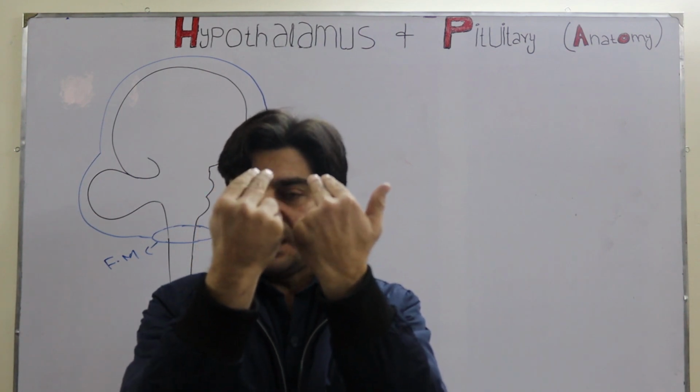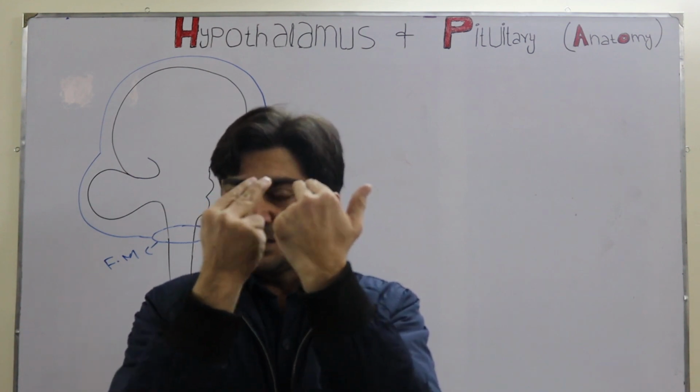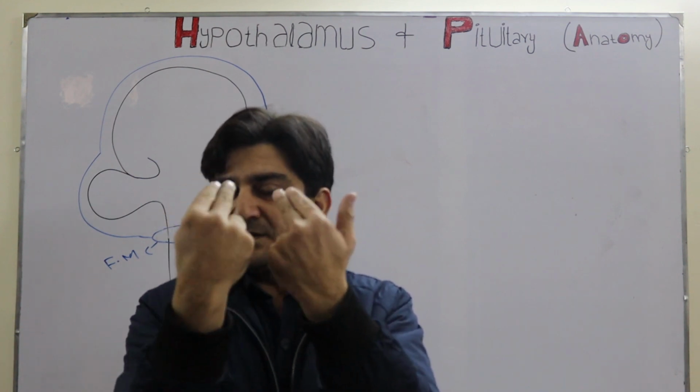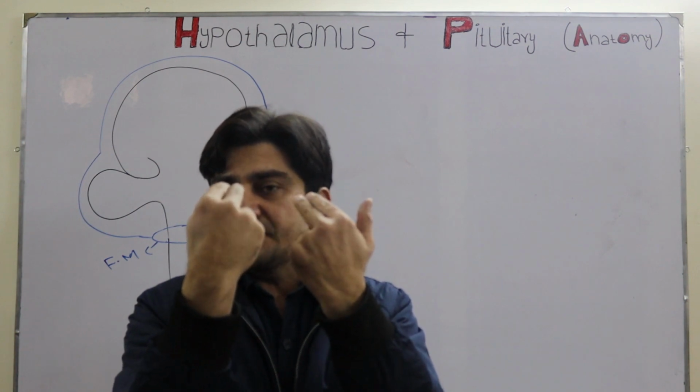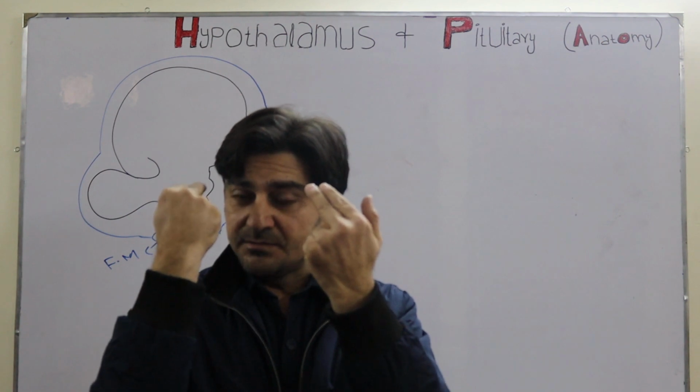These are the fibers of the optic nerve. From this eye, the optic nerve carries information to this side cerebral hemisphere, and from this eye, the visual information is carried by that optic nerve to that cerebral hemisphere.